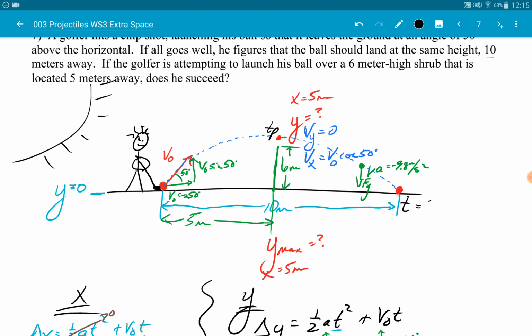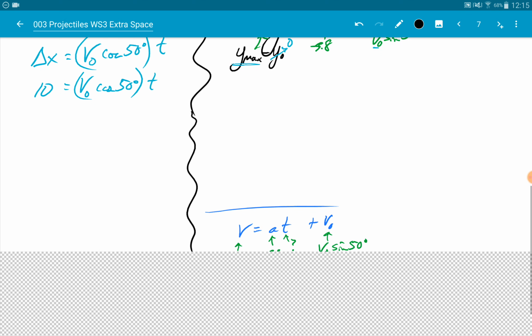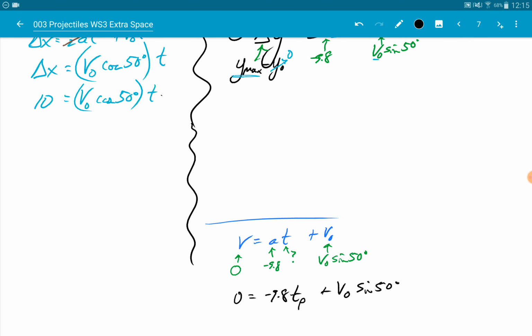So this t is going to be 2 of the time to the peak, right? It's just cut in half because it's a nice symmetric problem there. So I'm going to go ahead and put that in. I know that that time is equal to 2 of the times to the peak. And now I'll have the same variable there. So let me go rewrite that. 10 is equal to v naught cosine of 50 degrees times 2 of my times to the peak there.